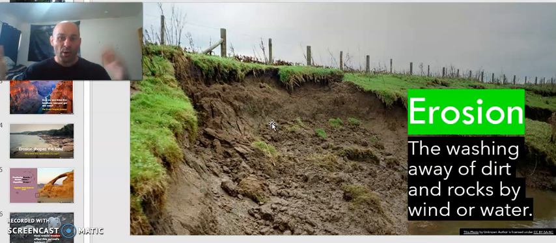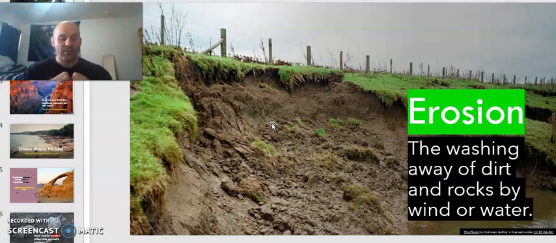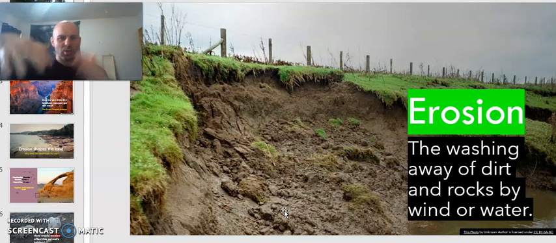So probably over time, rain caused that dirt to loosen up and ultimately wash that dirt away the side of the hill. So that's a good example of erosion. We can see even little rocks and things, that water falling from the sky as rain over time has caused the soil and the little rocks to wash away.